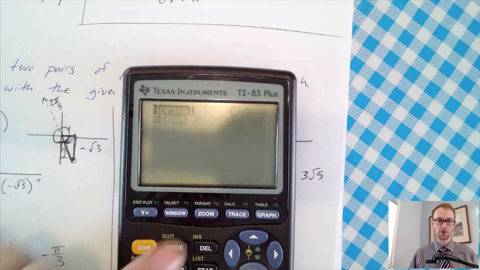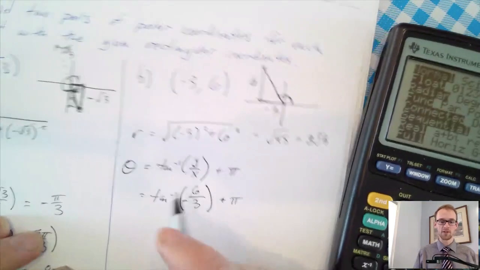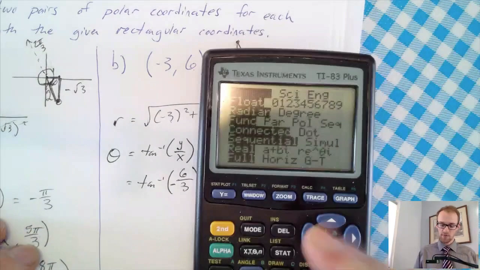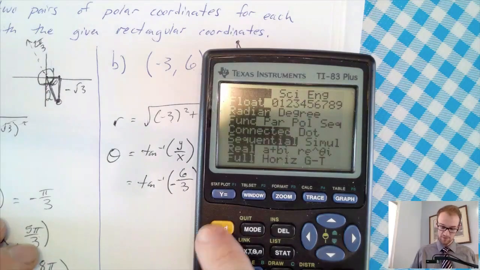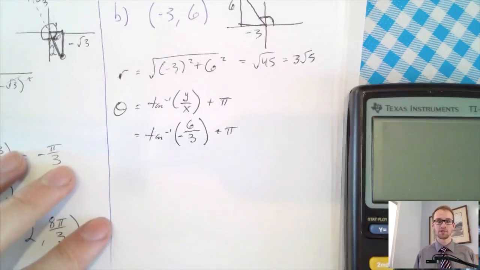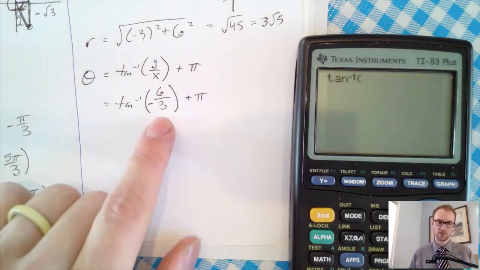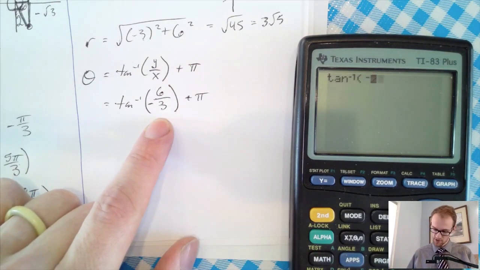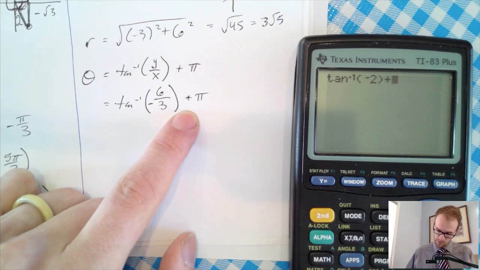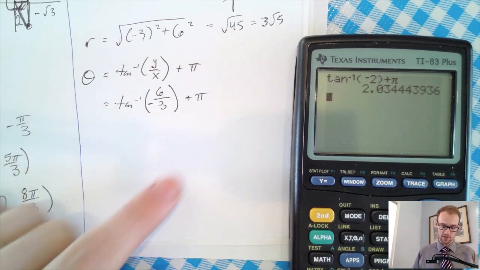Since I decided to do this in radians with pi, I'm going to make sure that I'm in radian mode. We're going to be swapping back and forth in this lesson too. So inverse tangent of 6 over negative 3 is just negative 2. Now add pi to that, and there's my answer, 2.03.